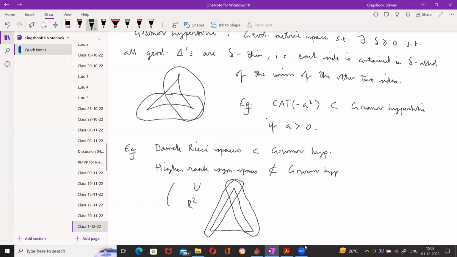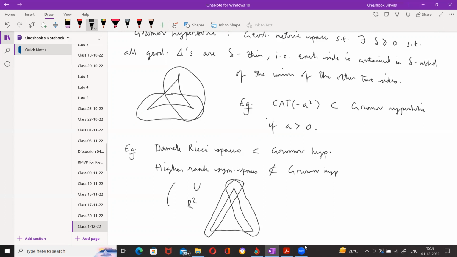So that means points in this copy of R2 are joined by geodesics staying inside that copy of R2.